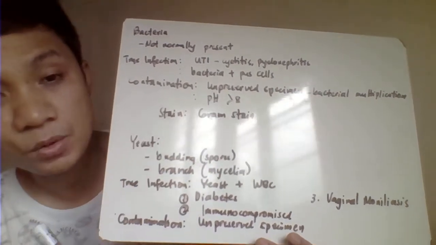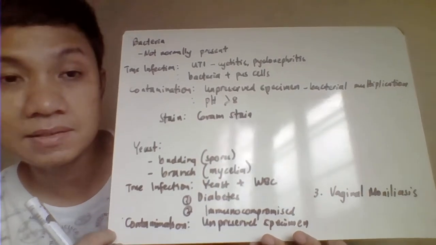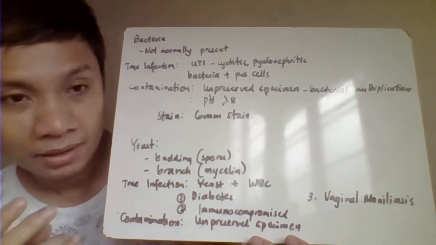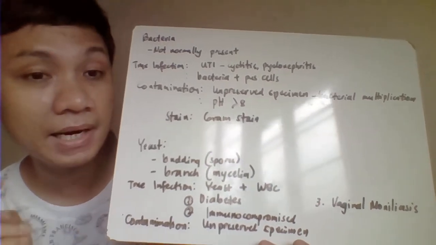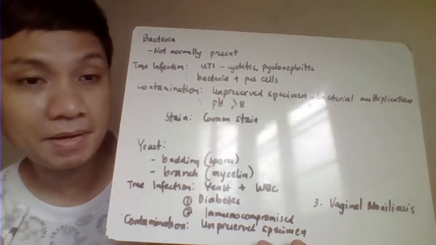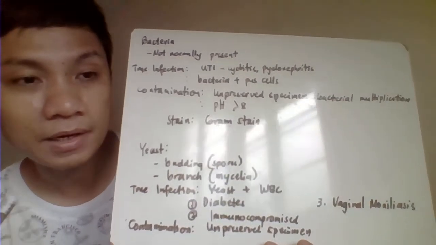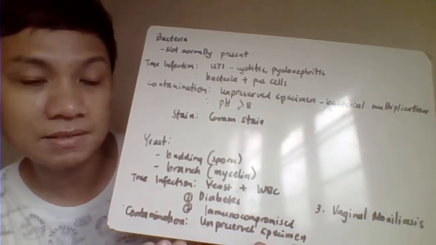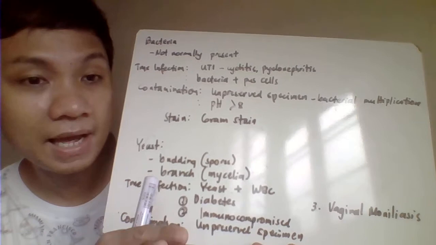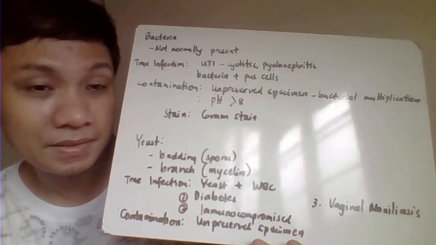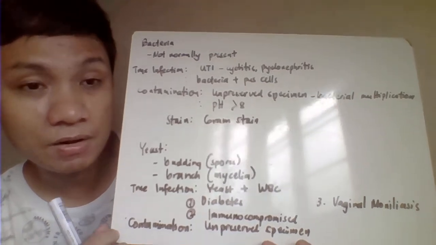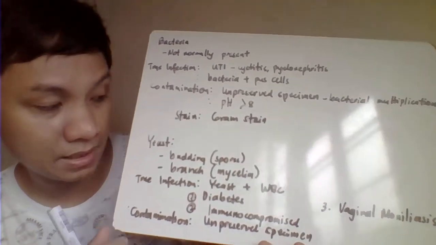So gram stain would help us identify which one is bacteria. If it is a bacterial cast, it will give a positive result for the gram stain. If it is a granular cast, it will not be positive. The same way, for granular amorphous substance versus bacteria, bacteria also move. So with gram stain, bacteria is positive, while granular or amorphous substance is negative.